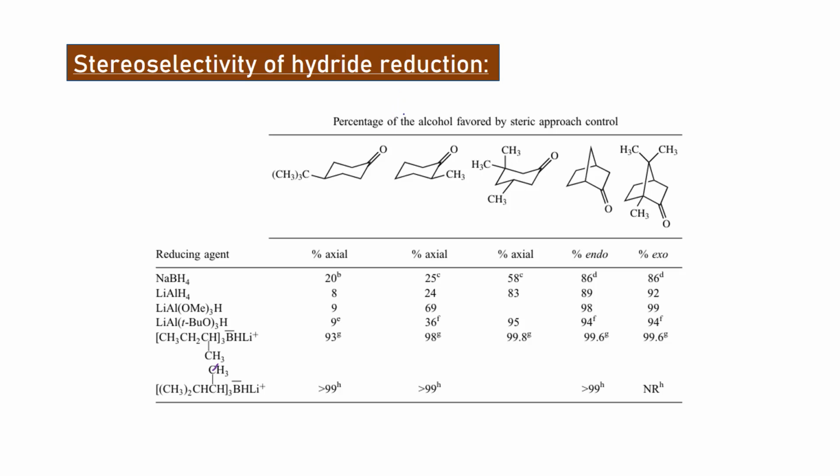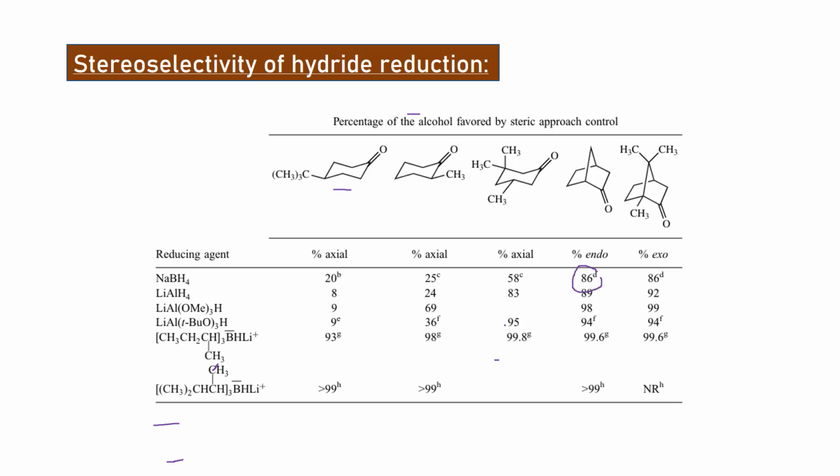If the substrate is simple, a substrate like this one, and you are adding NaBH4, in that case you will get the highest percentage of endo alcohol.